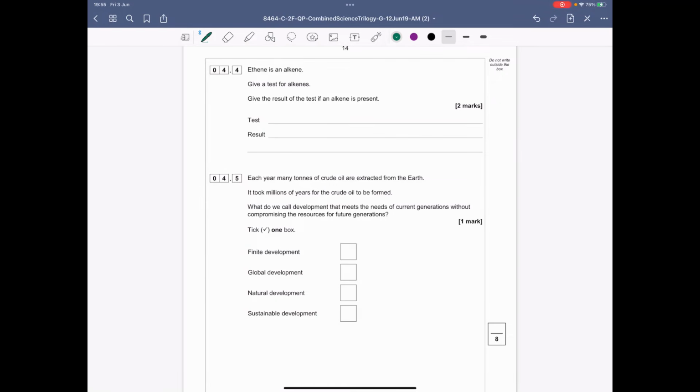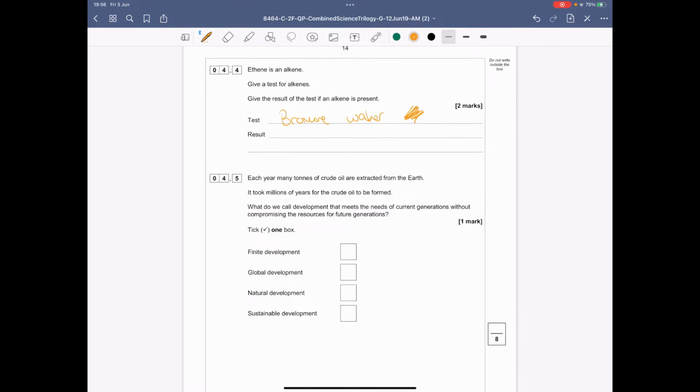Question 4.4. Ethene is an alkene. Give a test for alkenes. Give the result if an alkene is present. So the test we use to test whether a substance is an alkane or an alkene is using bromine water. Bromine water is an orange colour, so it starts off orange.